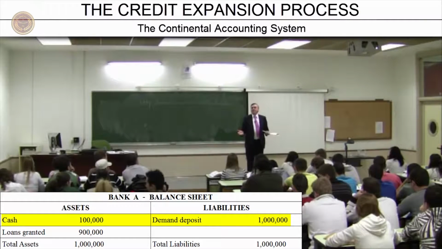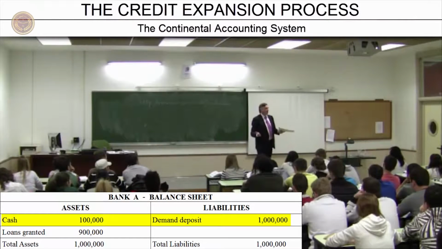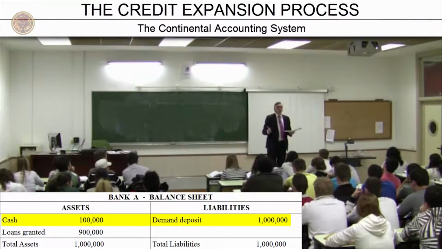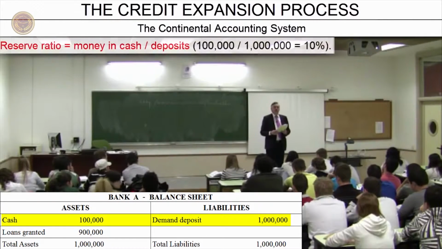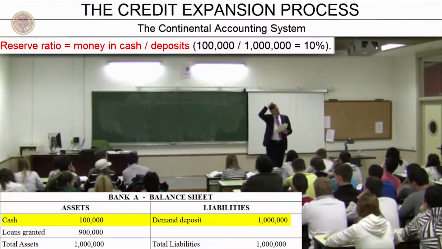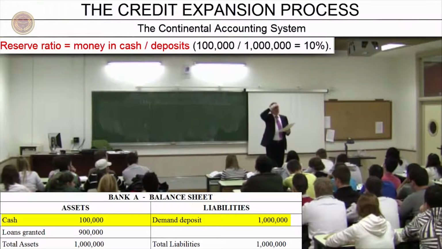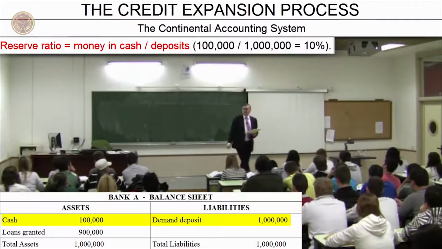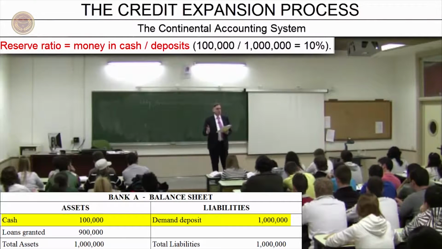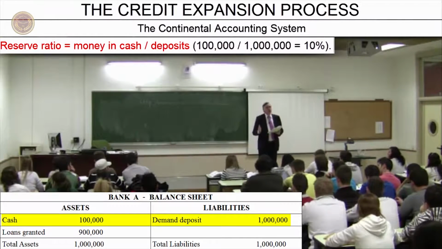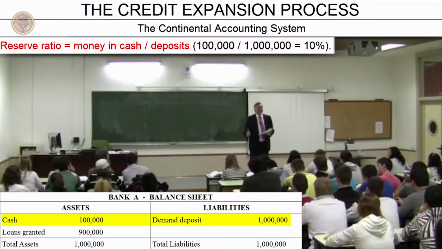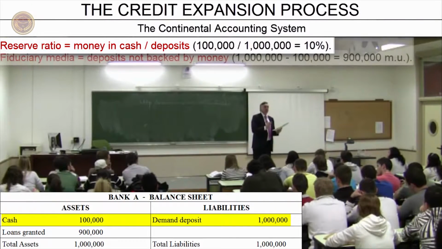Once the bank has completed this operation, it retains in its vault only 100,000 monetary units. This is referred to as the reserve ratio. In this case, we have supposed it to be 10%. The bankers say, with 10% of the money deposited with us, we believe we have enough to handle ordinary withdrawals, those made under normal circumstances.